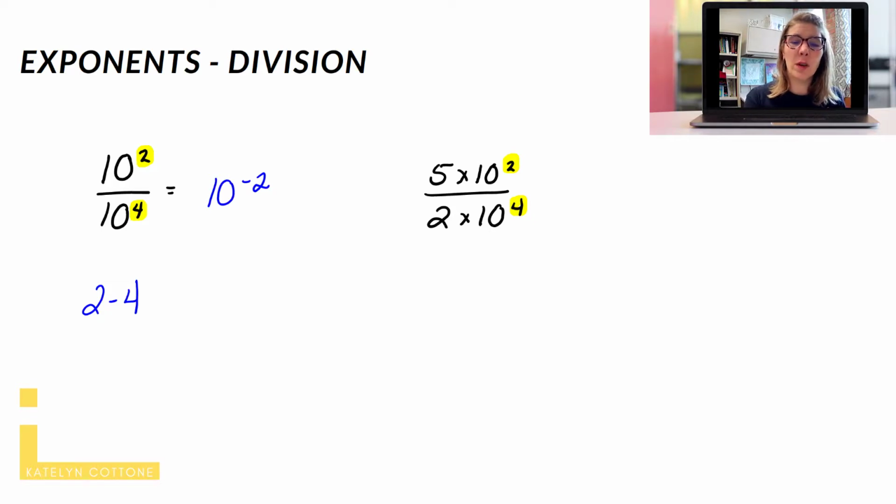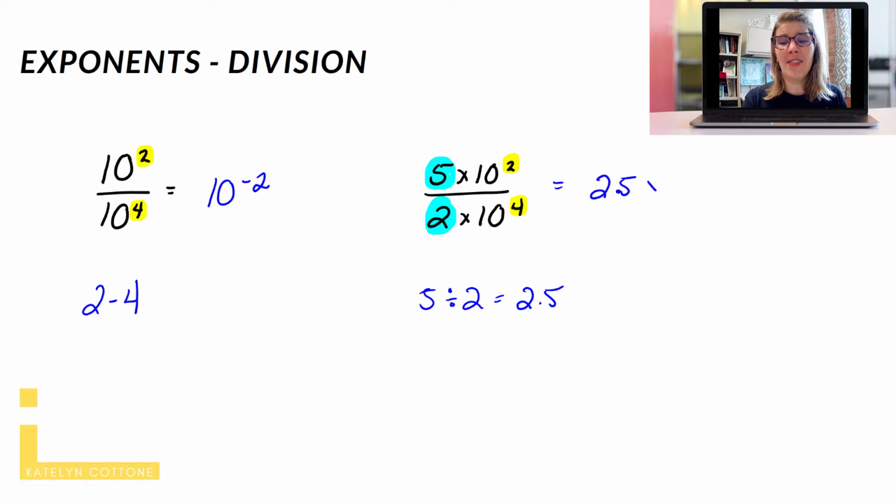Now let's also focus on the part that's coming out in front at the beginning of our scientific notation, that numerical value there. We are doing a division. So we have to take 5 and divide it by 2. So 5 divided by 2 is 2.5. And so we're going to have 2.5 and then our exponent, times 10 to the negative second.